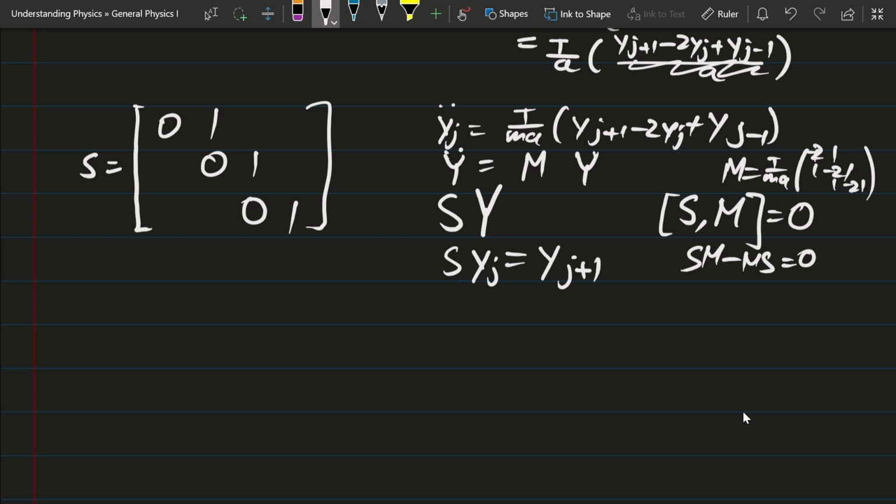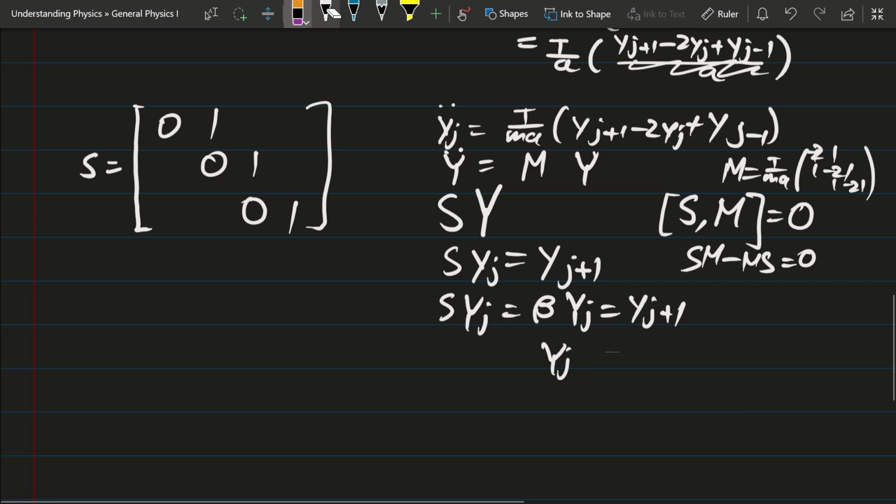From here, you would be able to obtain that y has the eigenvalue beta, so S y equals beta y, which will be y_{j+1}. If you extend this until 0, y_j is equal to beta to the j of y_0.